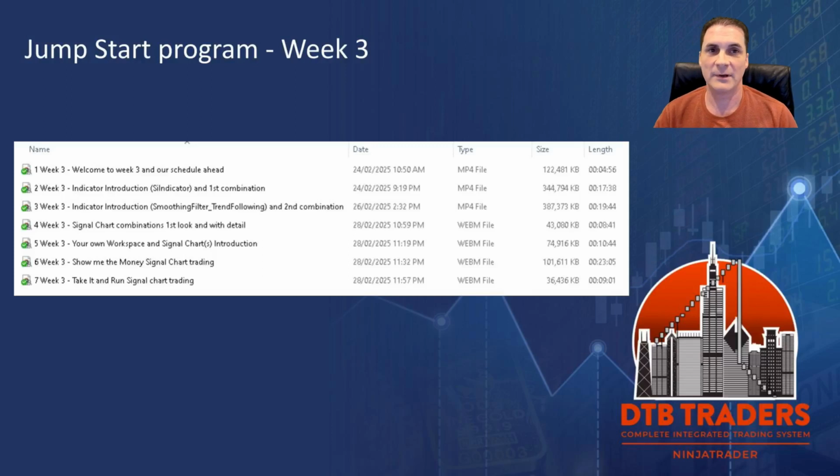Week 3 is all about combining the different tools. There's no one magic bullet when it comes to trading. There's not one automated strategy, or one indicator, or even a few indicators. You often need to combine a few tools together so that they all work together to give you the highest probability trades.